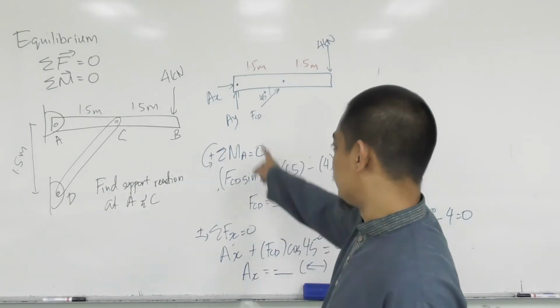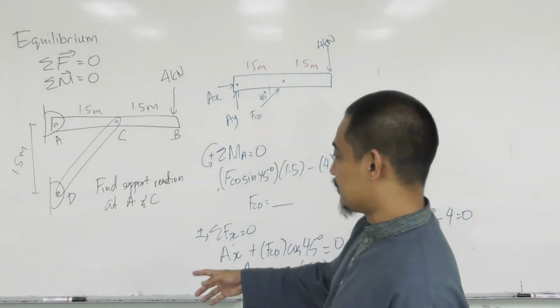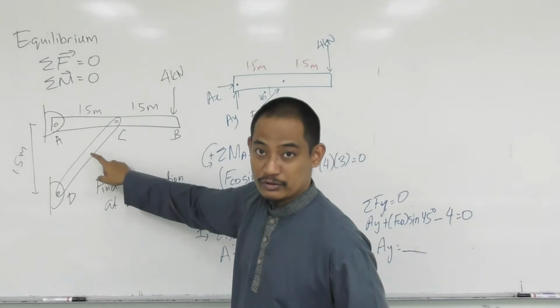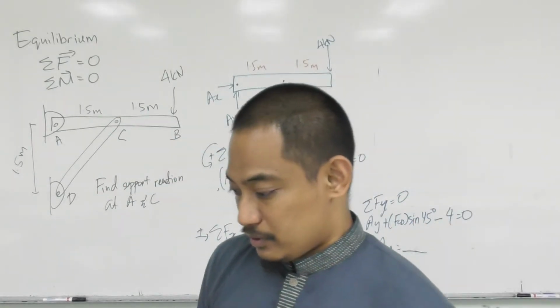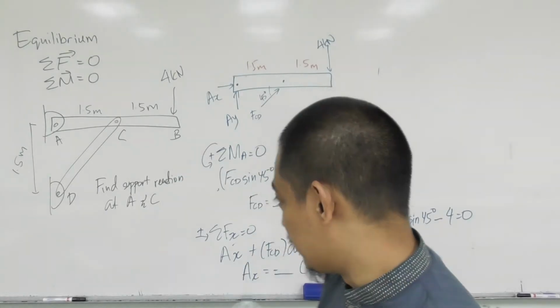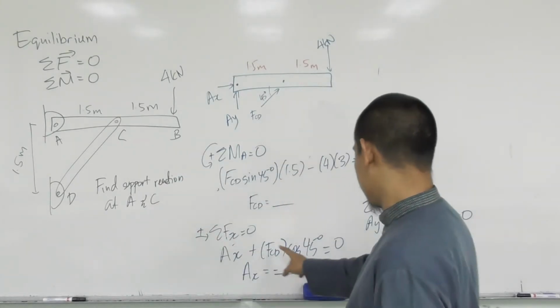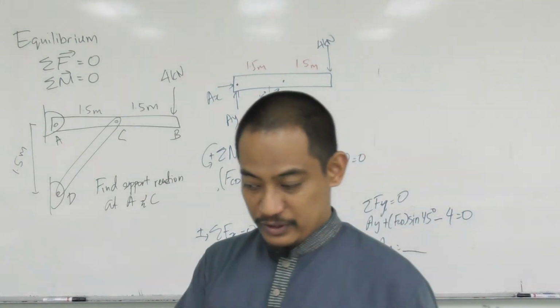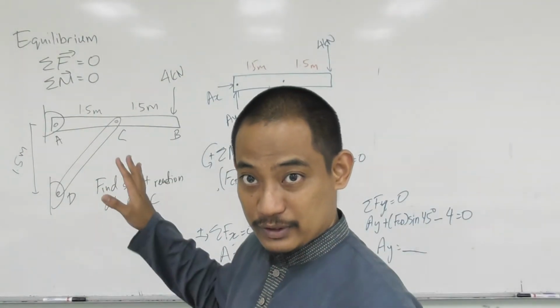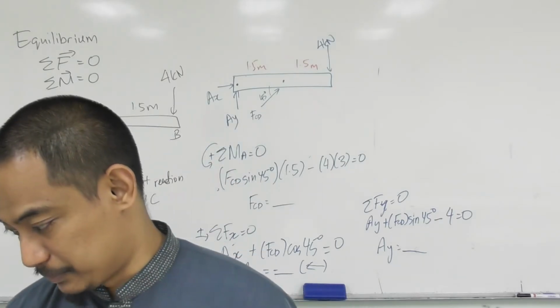But FCD assumption is correct, because logically this one will be in compression as we have assumed. And the answer will be AX, AY and then FCD. Hopefully you understand this example.